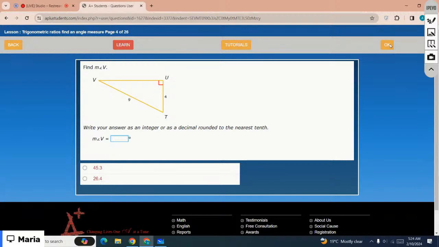Find angle V. So which is the correct option? You can evaluate the question in your notebook and write the correct option.